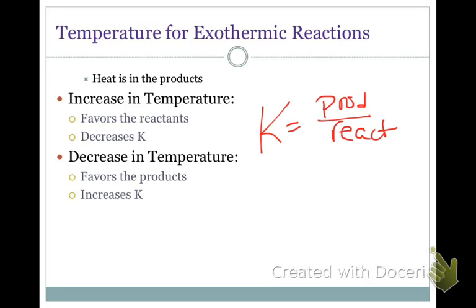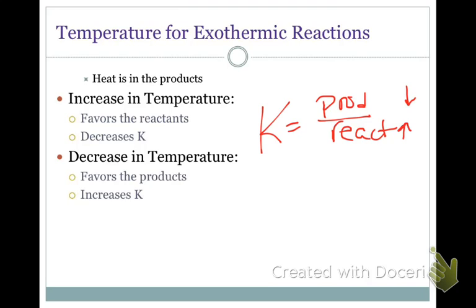So if we increase the temperature, the reactants will be increased. So that would go up, this would go down, and that K value would get smaller because there's a larger amount in the reactant side.